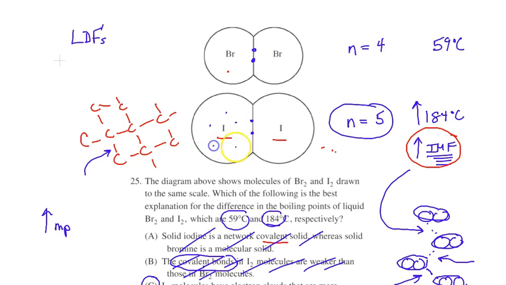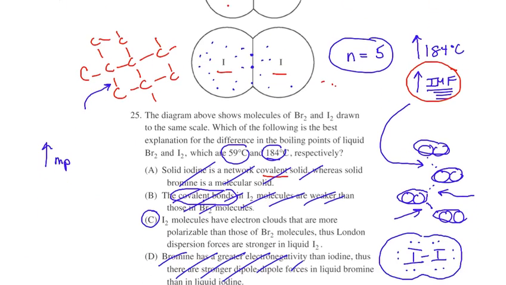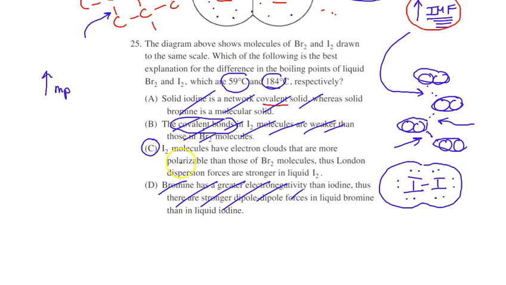It's got more electrons, and more electrons can shift to one side or the other and create this momentary dipole. So it's about the strength of the intermolecular forces: more polarizable, therefore higher LDF forces, and that's what this answer is about. Number 25 is C.